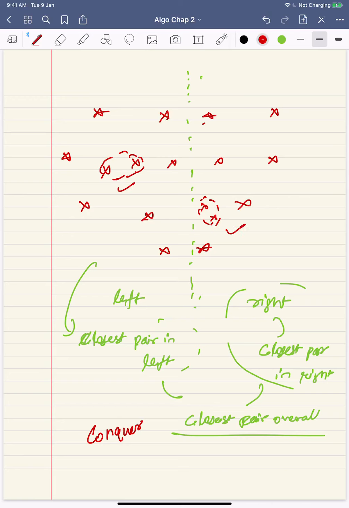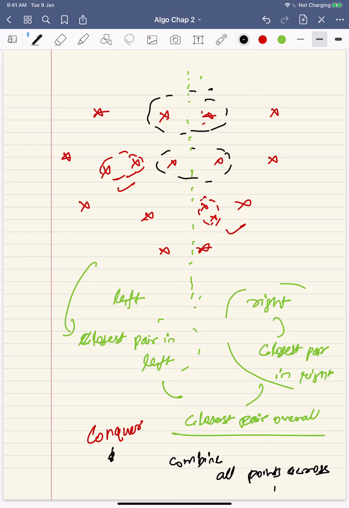But what about pairs that are across the boundary? What about these pairs? So you may have to check all the pairs across the boundary in the combine step. But just think, in the worst case, how many can there be?